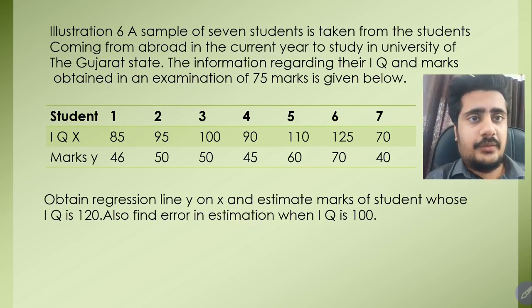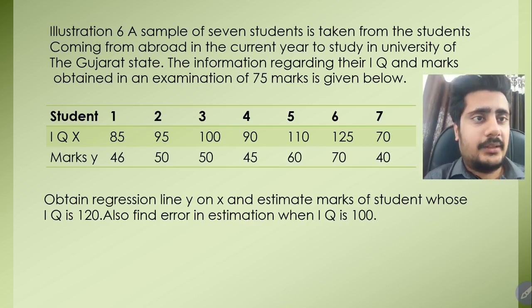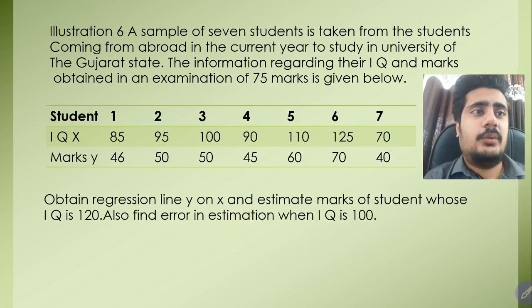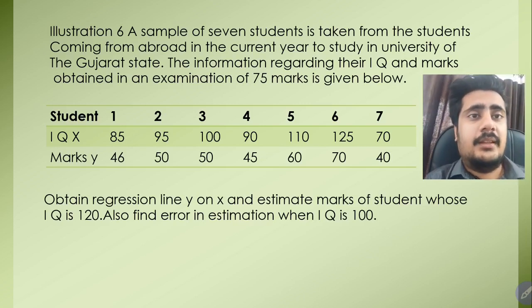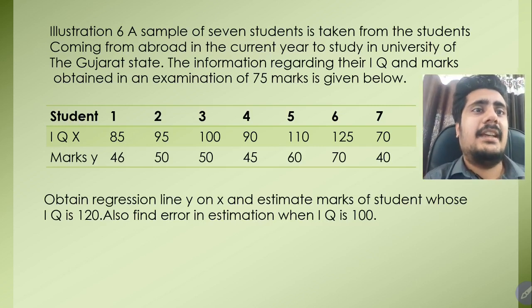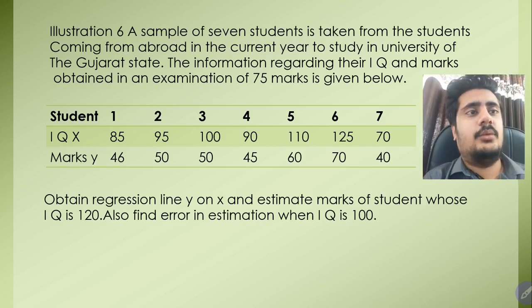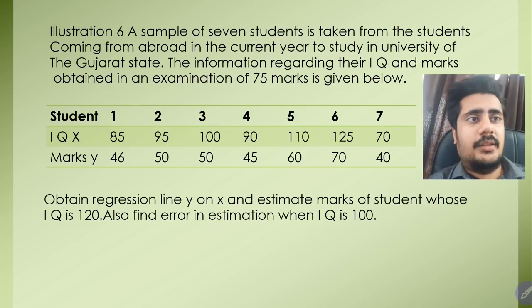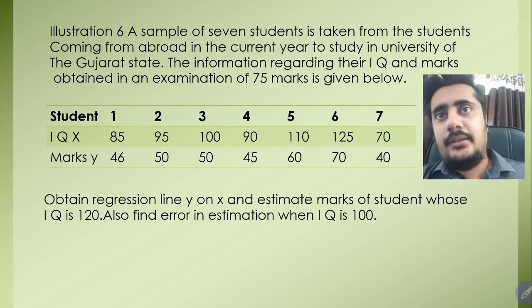Second, you have to estimate when IQ is 120, so when x is 120 you have to find the answer. Third, you have to find the error when IQ is 100.